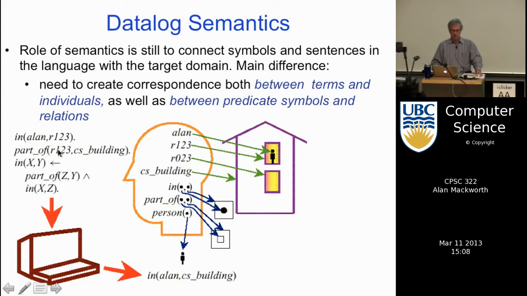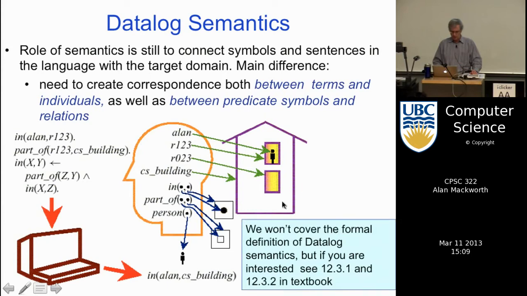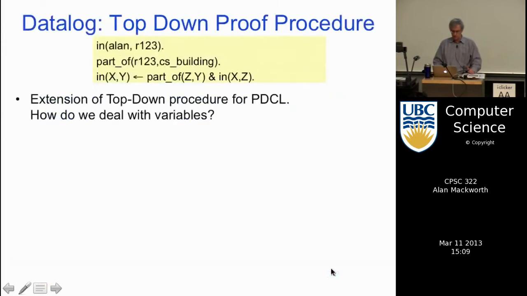So when you prove things in the computer using the Prolog interpreter, which is a theorem prover, a top-down backchaining theorem prover, when it proves that things are true in all models, it must be true in the intended interpretation, because in the intended interpretation all the clauses are true. That's what you intend, and you're saying true things about the world that you mean to be talking about, okay? And the formal semantics are described in the book, but we're not covering them. You're not responsible for them. But you should be curious.